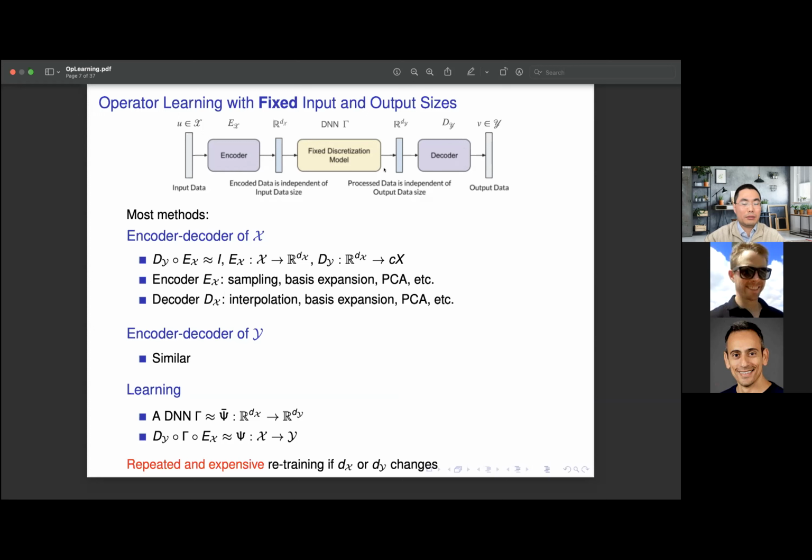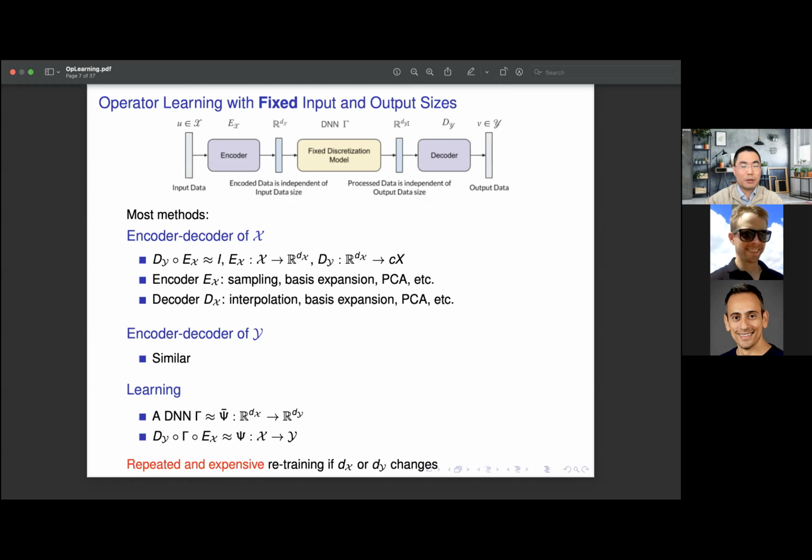So in those naive algorithms without discretization invariance, you might want to use a fixed size fully connected neural network in the middle, so that you learn a fully connected neural network mapping from the finite dimensional space to another finite dimensional space.